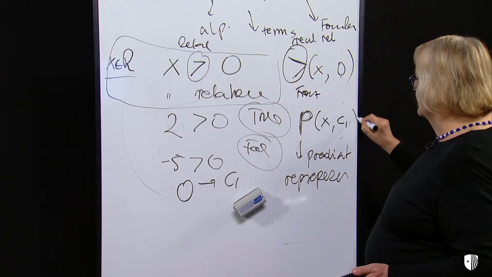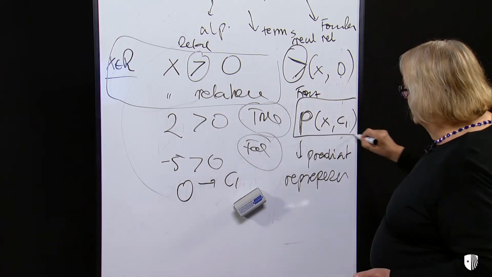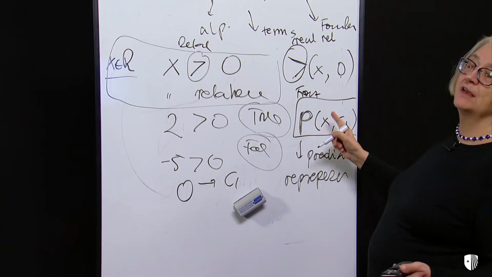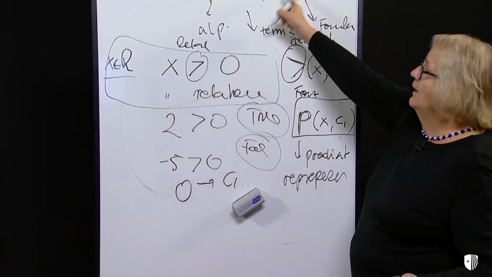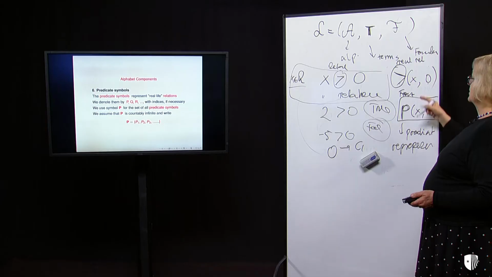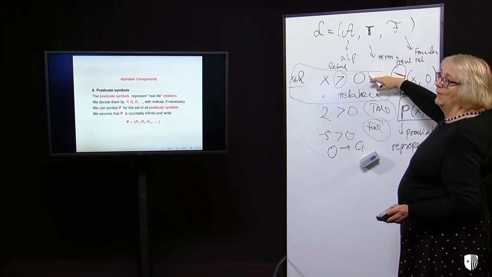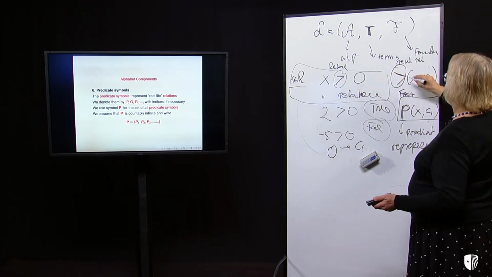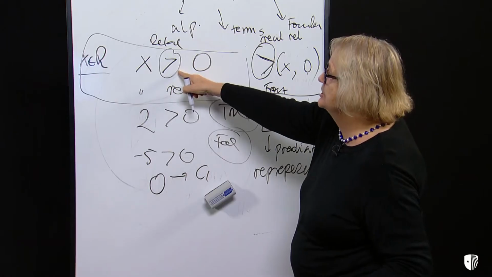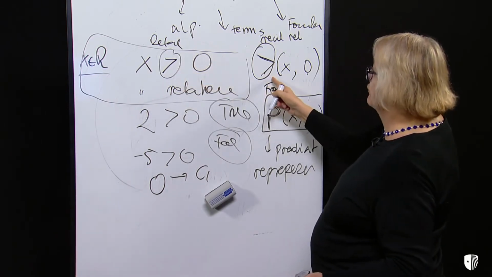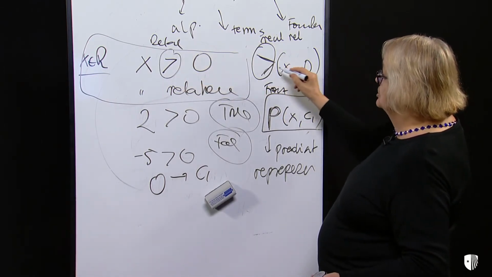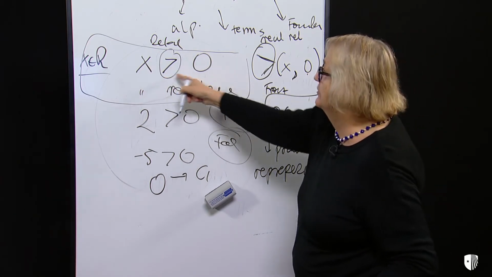So let's say, and that would be an atomic formula in our language. The real way we write it, we write the relation symbol in front, because it shows that it has two arguments.